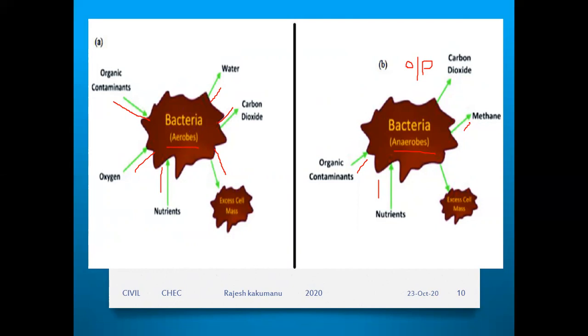So both processes should be done for the secondary treatment process, right? These are the inputs for this anaerobic process, and these are the outputs for the aerobic process. Don't get confused.